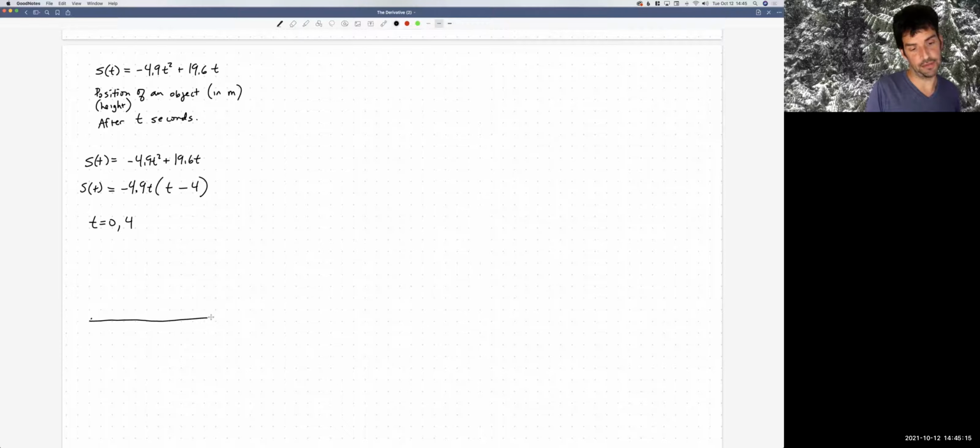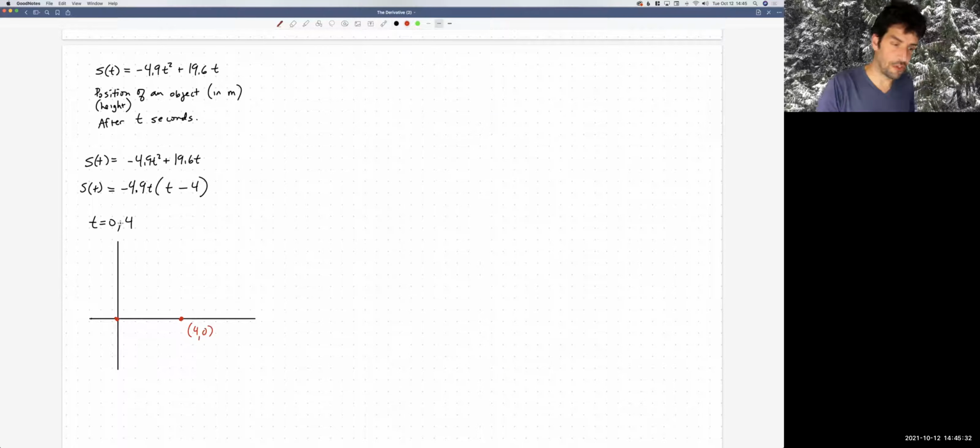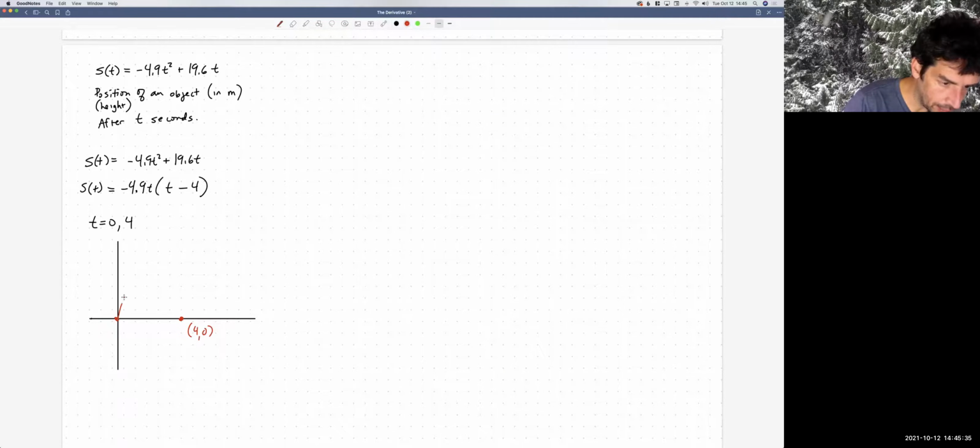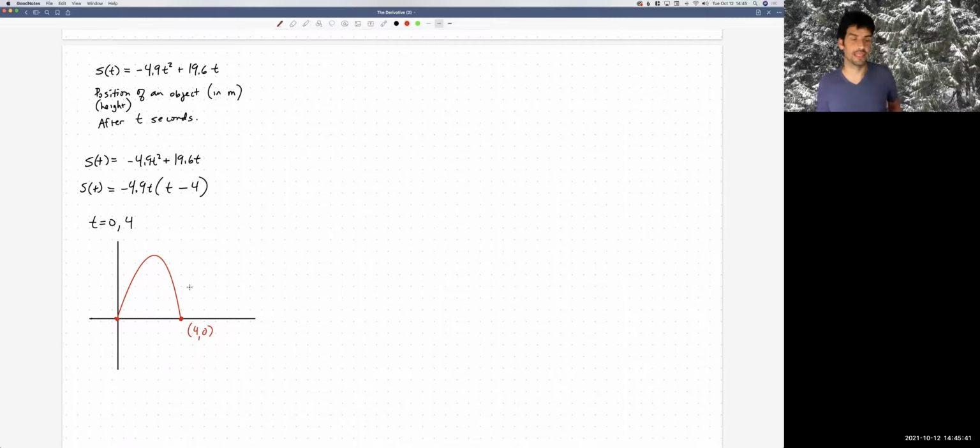So let's put in a couple of axes. And so I know I have zeros here and out here, wherever I want 4 to be. And I know it's a downward facing parabola. So I'm not trying to make a perfect graph. More or less something like that. Looks a little bit wonky, but we'll call it good enough.